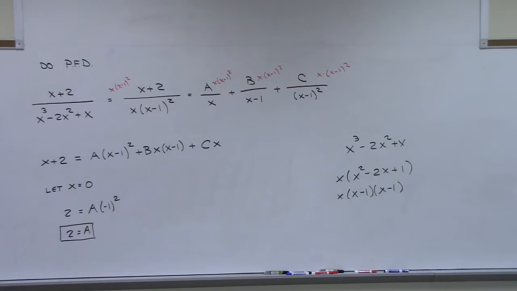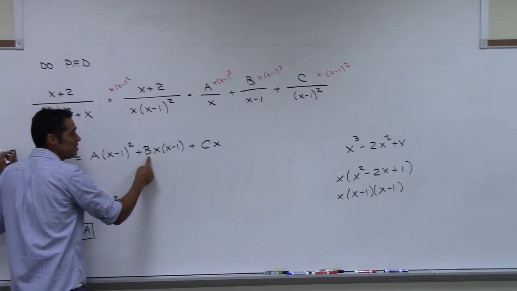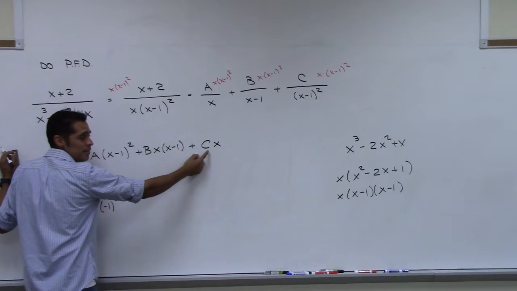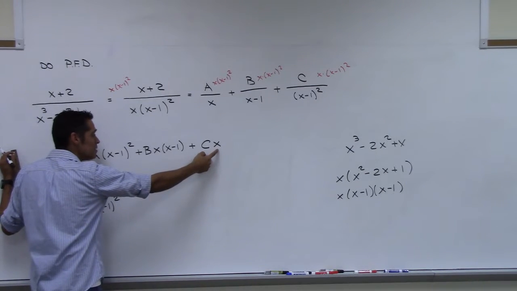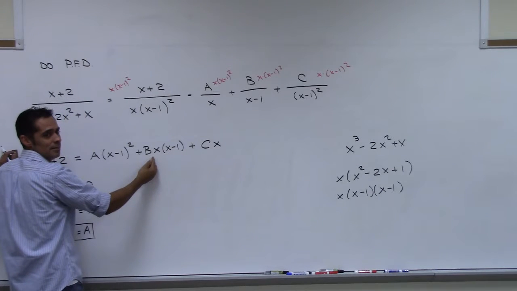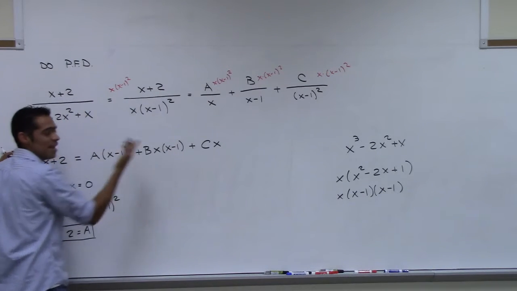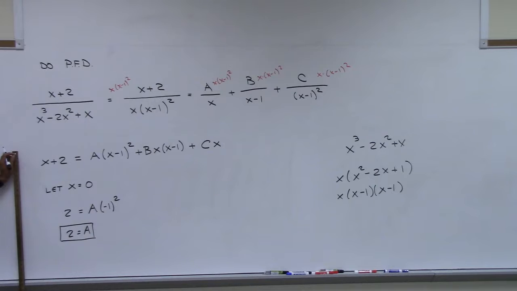And then we go try and get B, and we realize we are humans still. Why is B going to be a problem? If you're going to try and get B, that means you're going to have to kill C, and the only way to kill C is to let x be 0. But if you let x be 0, you're going to kill B. So you can't get B, right?